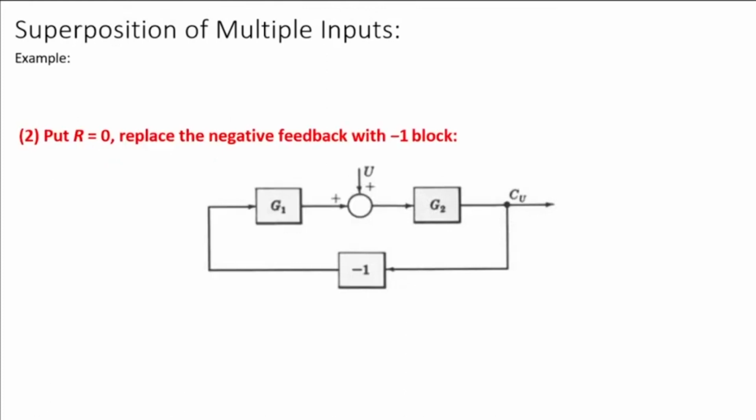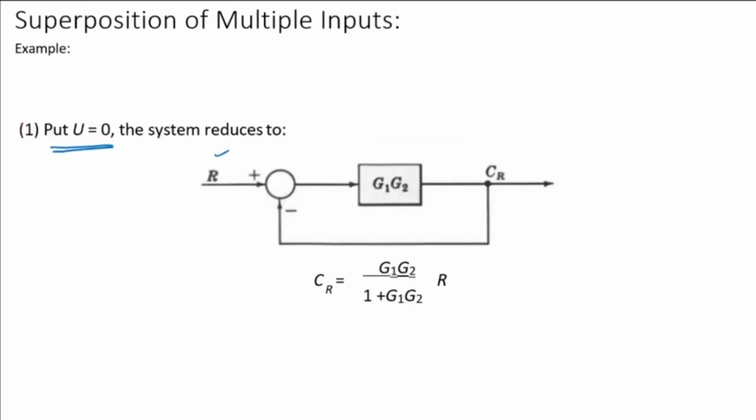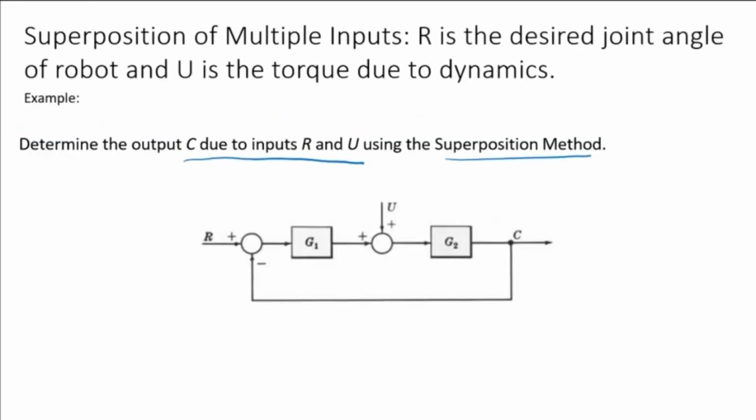Next I assume that R is equal to 0, and I find the effect of U. Now something to note here is that there is a plus and a plus. So if I make R equal to 0, this input here is a minus, so I have to take that into account.